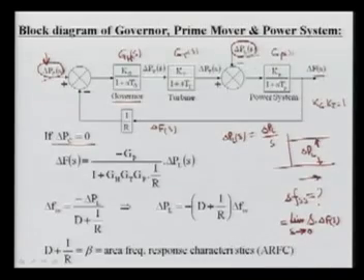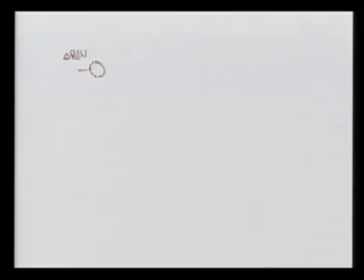Now I can change the structure, meaning I write it in a different form. I take PLS with the negative sign. Here is the power system, and it is better to write it first as Gp, and here we get the change in the frequency.